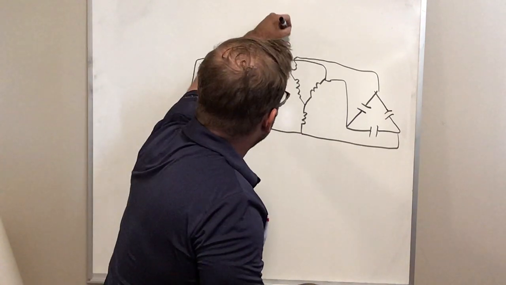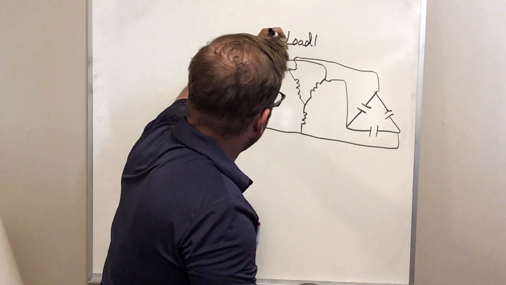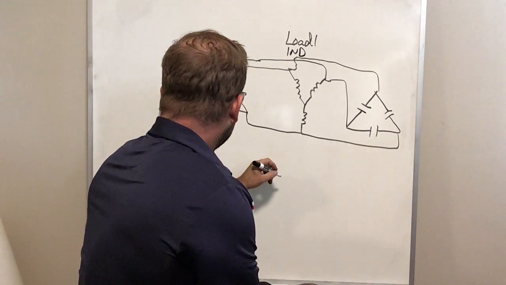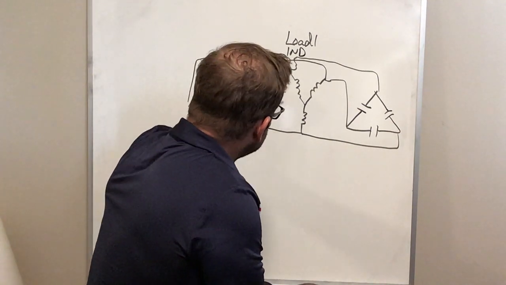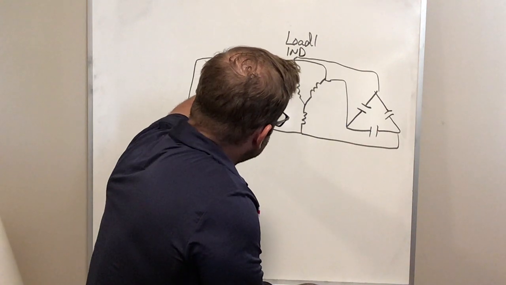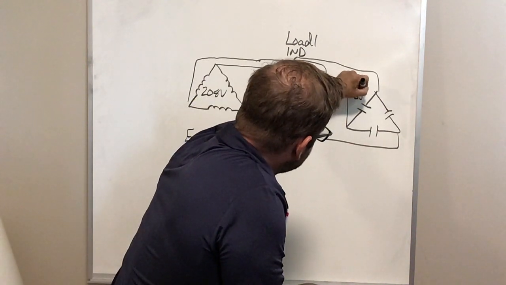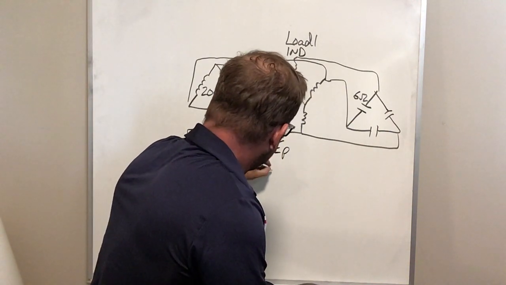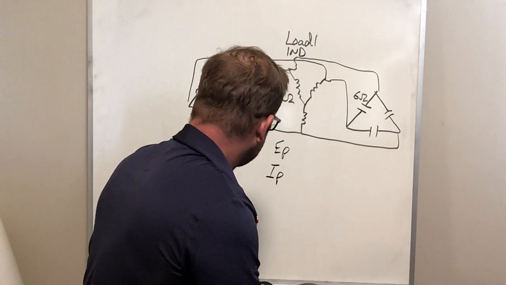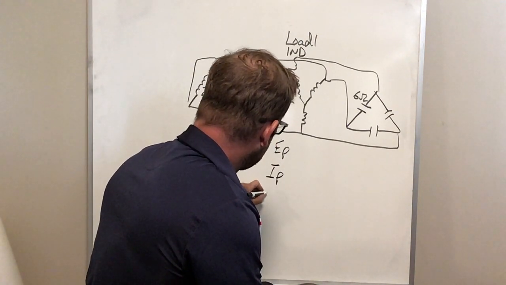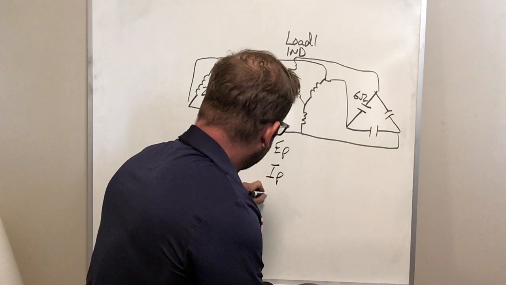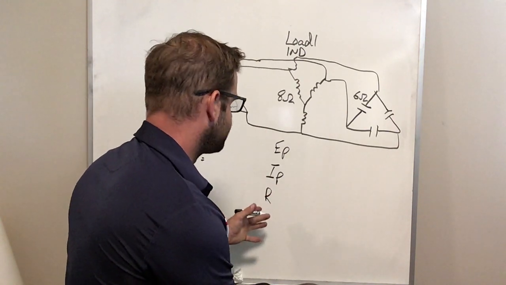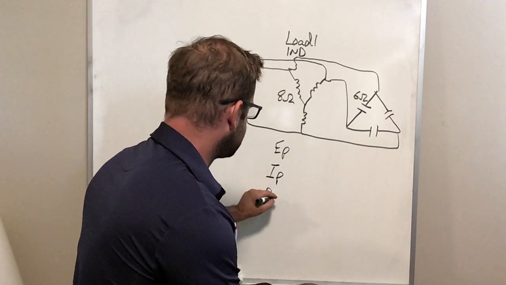Now we have load 1, which we know is inductive, and let's do this as 8 ohms. And our capacitor of 6 ohms of capacitance. We're going to have E phase, I phase, and we're going to have our resistance, but it's going to be our inductive reactance.